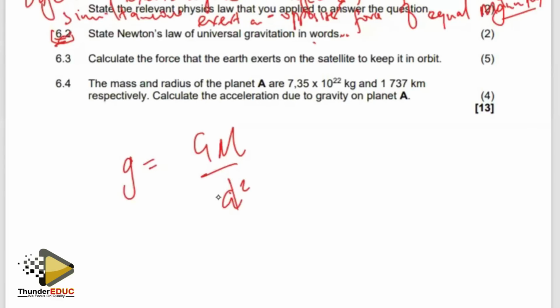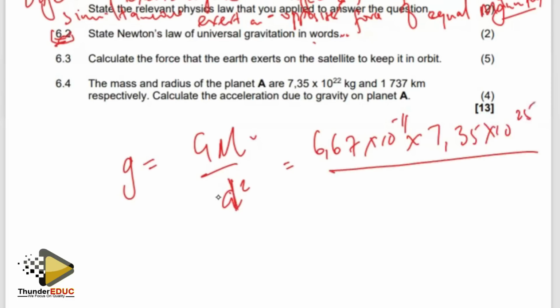And call it D. So our G is 6.67 times 10 to the negative 11. The mass is 7.35 times 10 to the 25. The radius is GM over R squared.